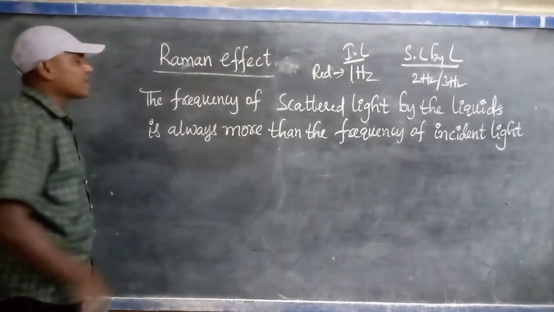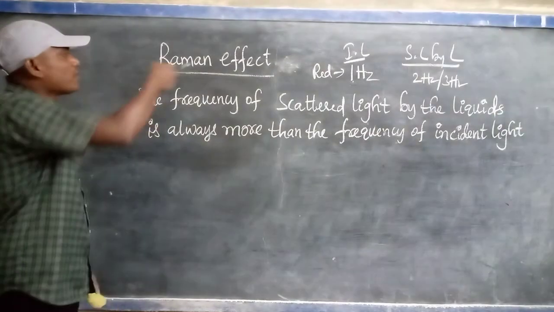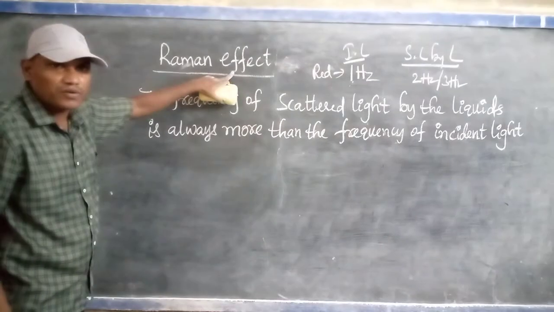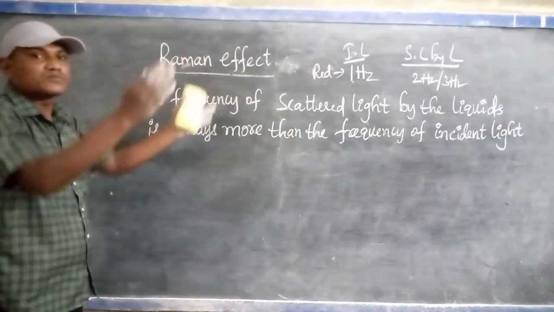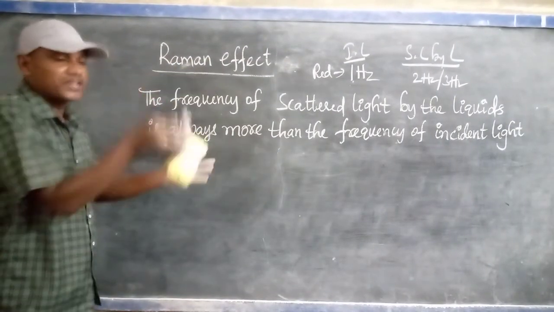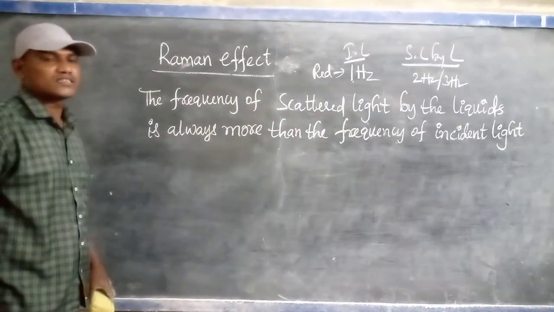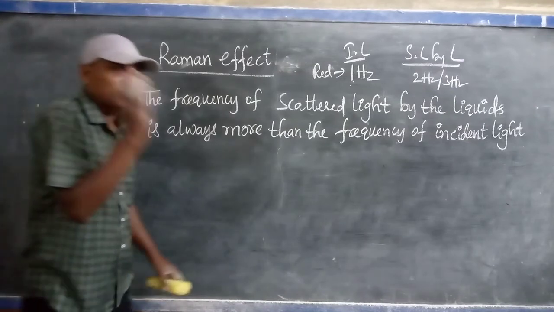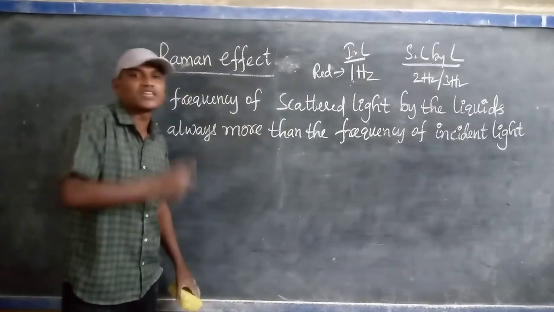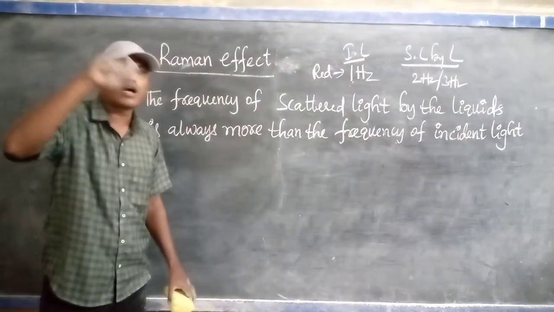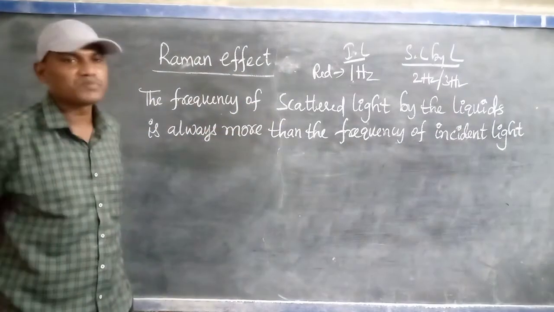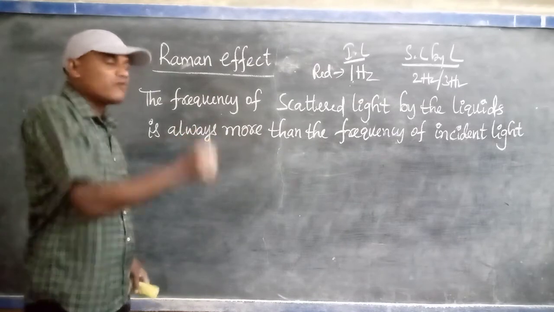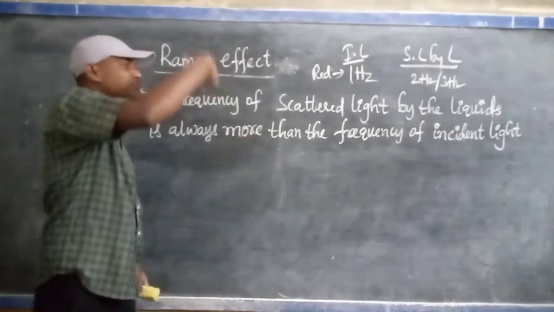Before the Raman effect was proposed, scientists only assumed or predicted the shape of molecules. But after the Raman effect, they could find out exactly the shape of the molecules, because each type of liquid scatters a different frequency.